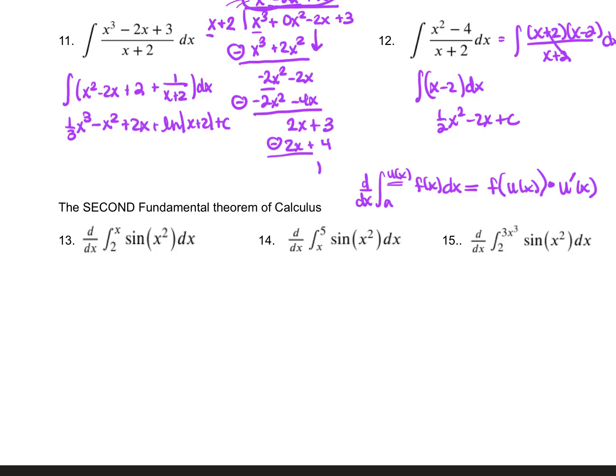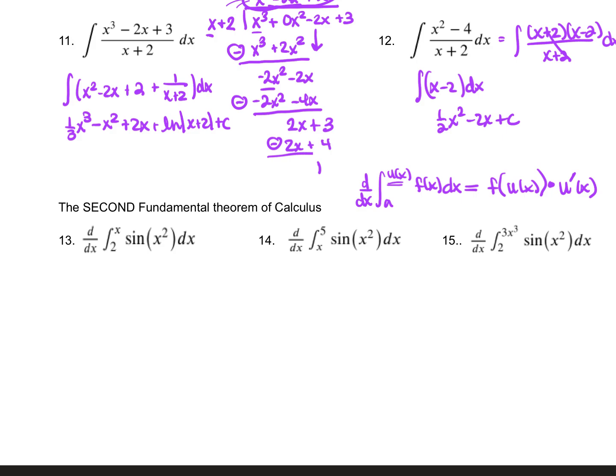So notice what the second fundamental says. It's got a constant here and a possible function here. So the derivative and the integral do cancel, but you're going to have to put the function in there as a composition and then multiply by the chain rule.